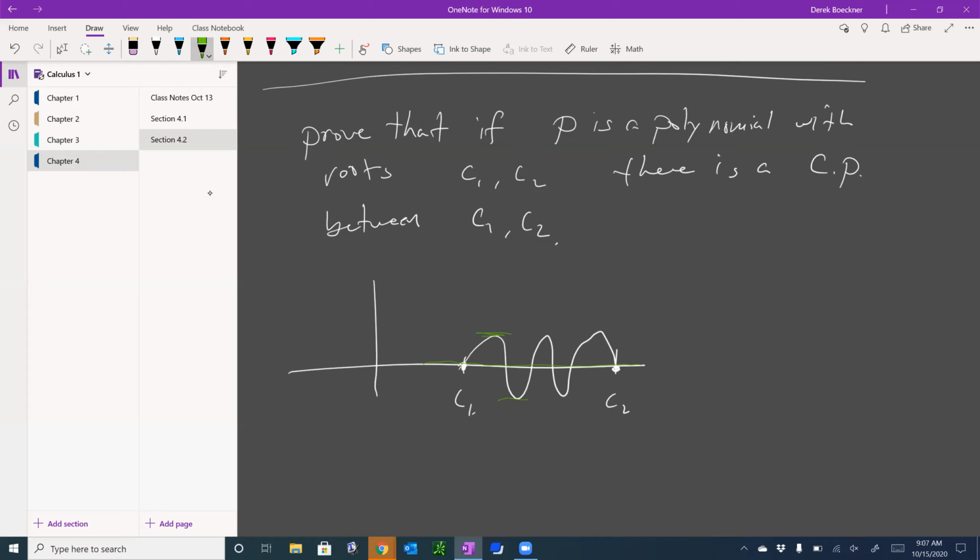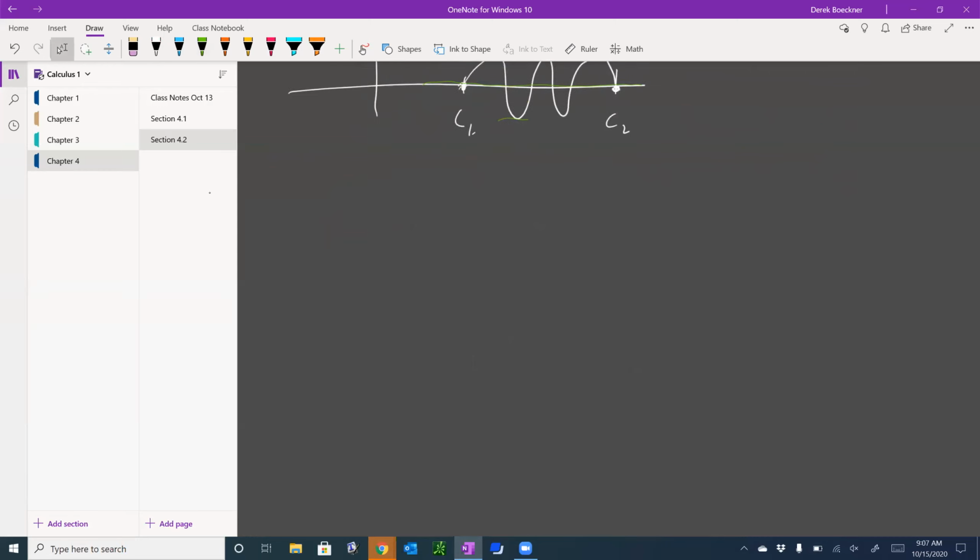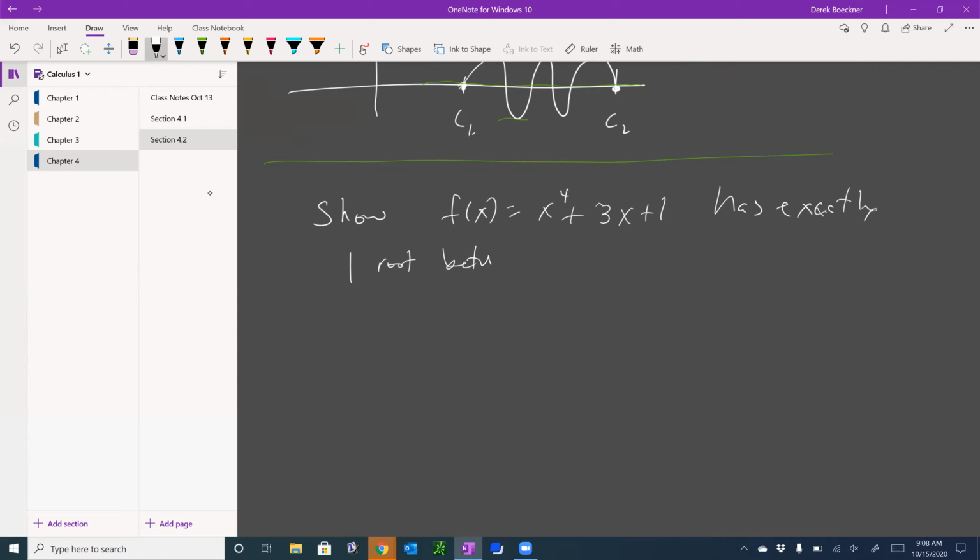How would you do this? Show f of x equals x to the 4th plus 3x plus 1 has exactly one root, or sorry, exactly one root between -2 and -1.